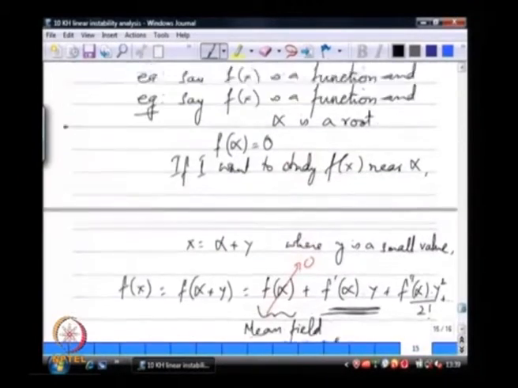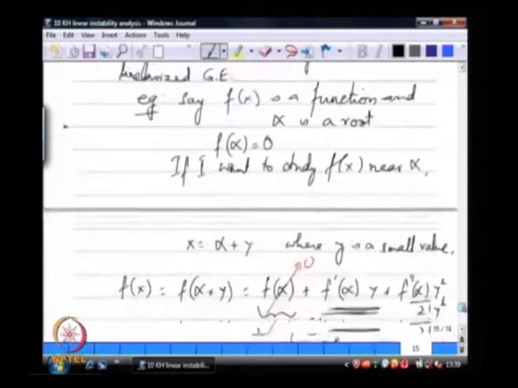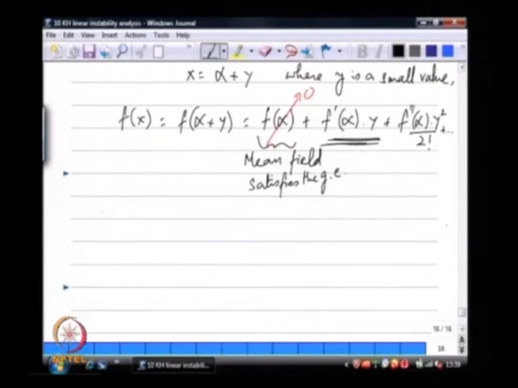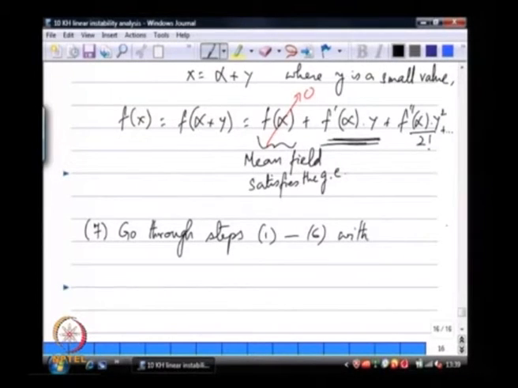Okay. So, this is step number 6. Step number 7, once we have the linearized equation, we went through as a matter of fact with the boundary conditions as well.